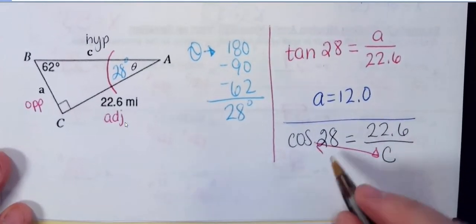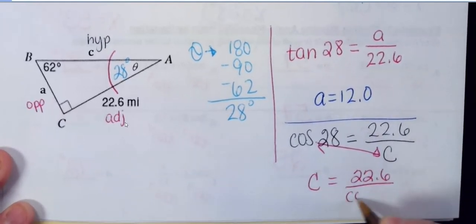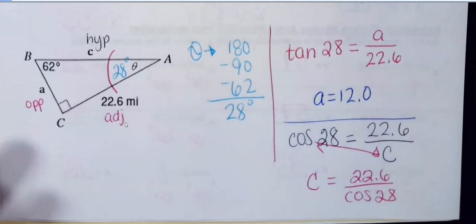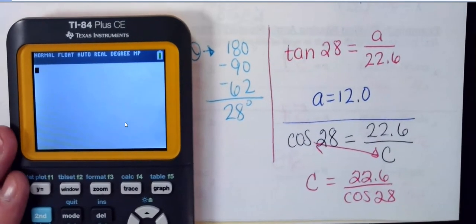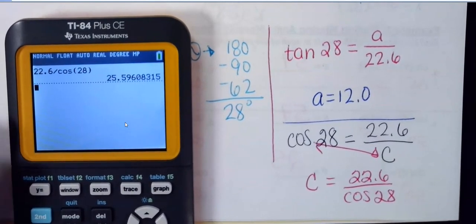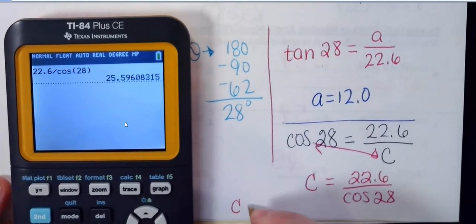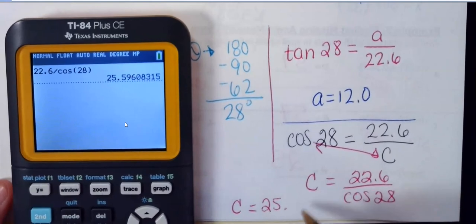We're just going to do some trading places here. So C equals 22.6 divided by cosine 28. We're not finding an angle measure. I know the angle measure here, so we're not going to use an inverse. And for C there, to the nearest tenth, I'm going to round that to 25.6.